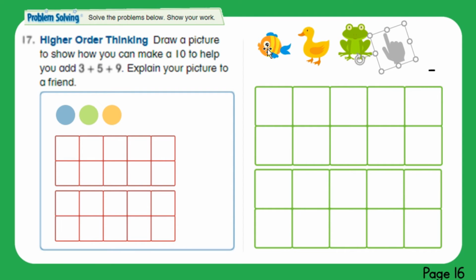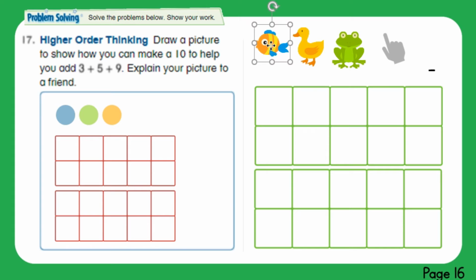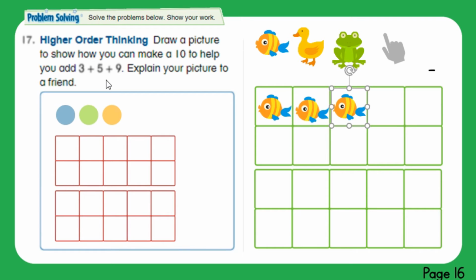I'm going to grab 3 fish here, because first they are asking 3, so I'll place 3 fish. Then I'm supposed to add 5 more. Instead of counters, we can use pictures. I'm going to grab 5 more. I'm not going to shift to the next frame. I'm going to use the same 10 frame.